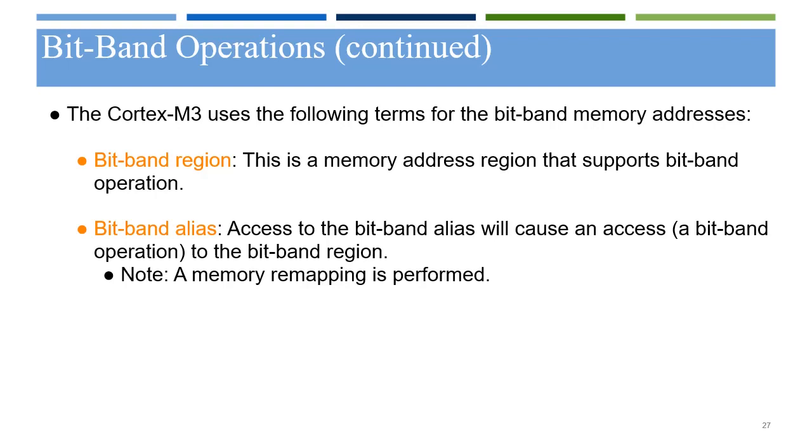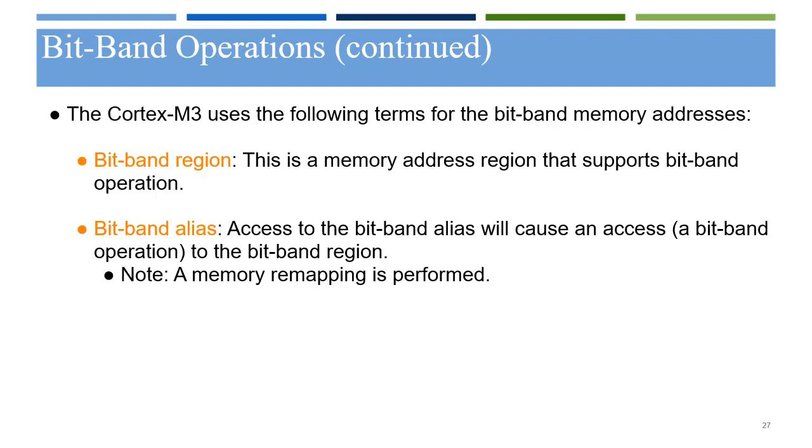Here we need to note that the Cortex M3 uses the following terms for the bitband memory address: bitband region and bitband alias. The bitband region is the memory address region that supports bitband operation. An access to the bitband alias will cause an access to the bitband region.